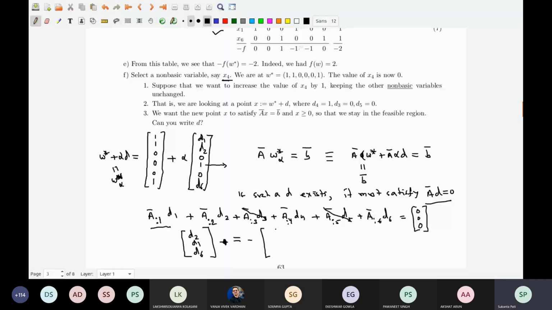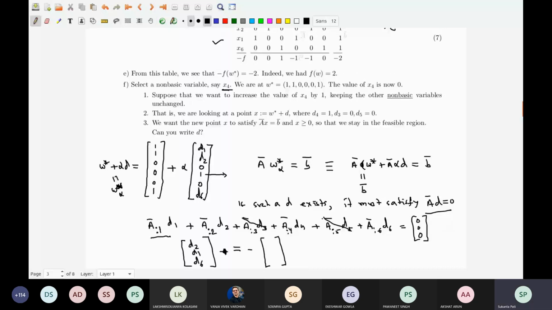This is equal to minus the fourth column, because D4 was deliberately kept 1. The fourth column was in our simplex table 0 1 0. So you write 0 1 0. So therefore you got a unique D.